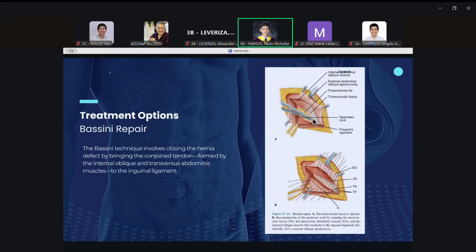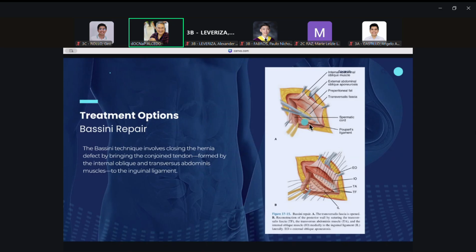Okay, so for Bassini, we suture this area, which some would label as the conjoined tendon, but that is only seen in very few patients. Most of the time, we use the two layers here in the upper border, which is the transversus abdominis aponeurosis and the transversalis fascia, and we suture it to Poupart's ligament here.